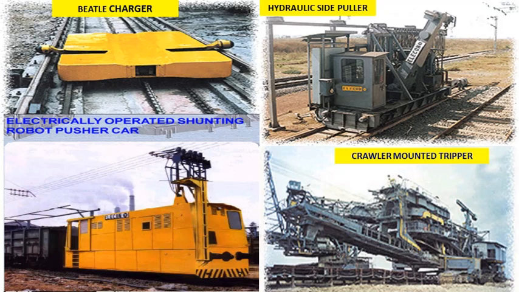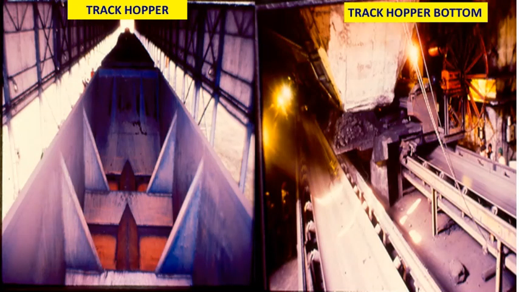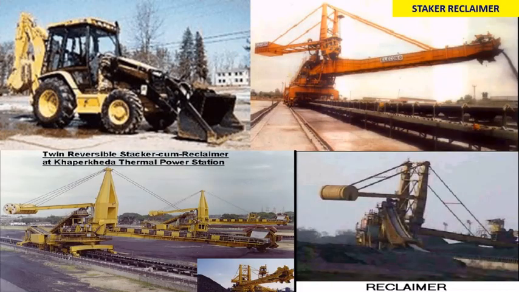For transportation of rakes, we have locos, and we have various shunting arrangements, we have side pullers, we have tracker arrangement with tripping cars as well as crawler mounted trippers.